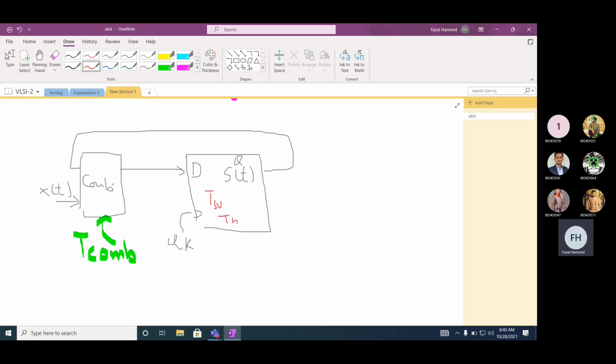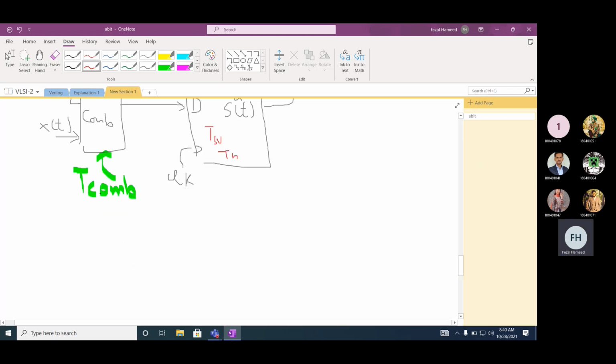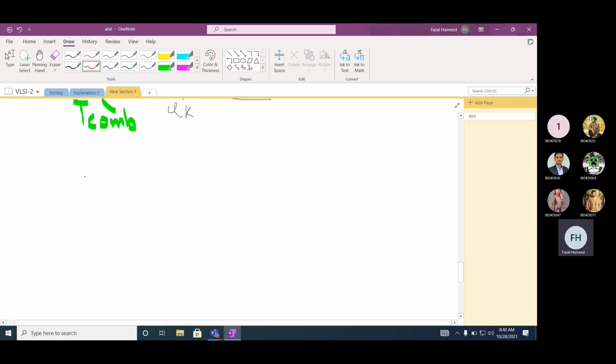It also depends on the critical path: if the critical path is long, the delay will be more, and if it is short, the delay will be less. It also depends on the size of the gates. With the same technology and the same transistor sizes, a 2-input AND gate and a 3-input AND gate: the 3-input AND gate will have more delay.